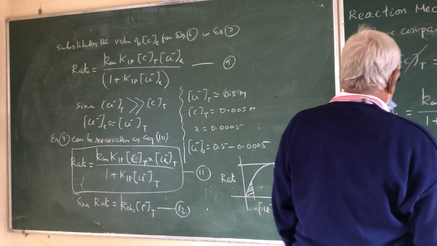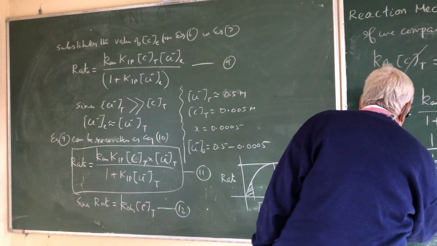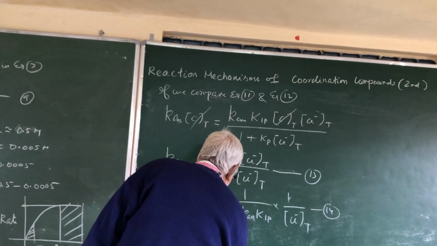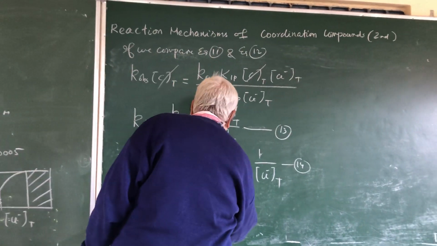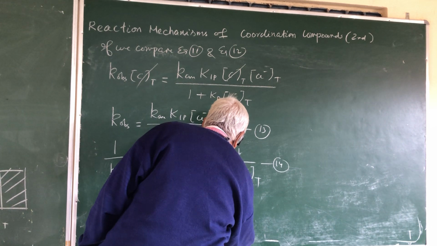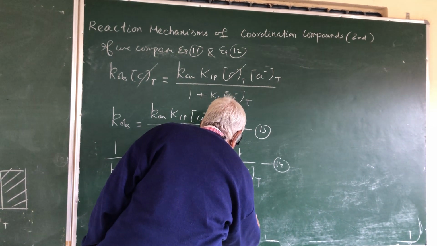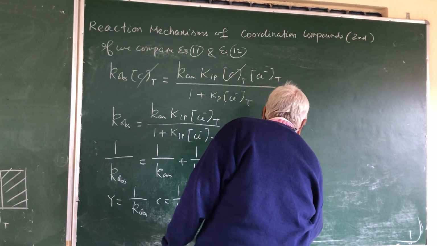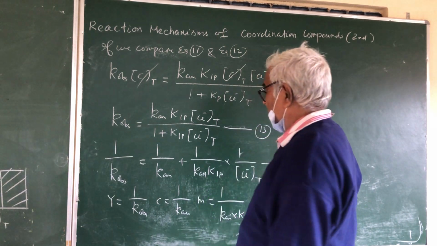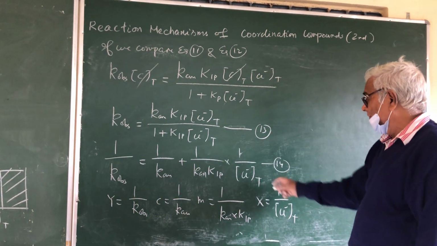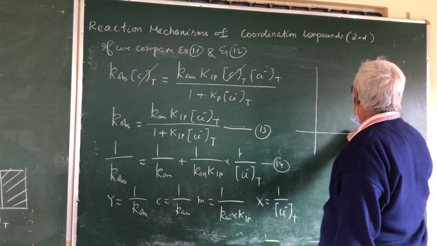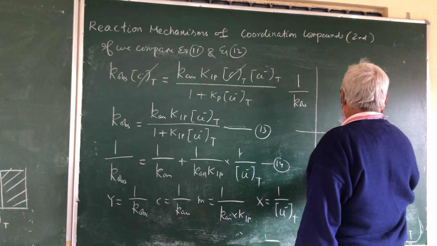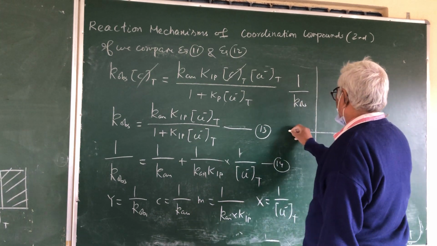This is of the form y equal to mx plus c. What is y? Y is equal to 1 by K observed. What is c? C is equal to 1 by Anderson rate constant. What is m? M is 1 by Anderson rate constant into Ki. What is x? X is equal to 1 by chloride total. So if the reaction is carried out at different chloride ion total, then 1 by K observed versus 1 by chloride ion total should be linear.